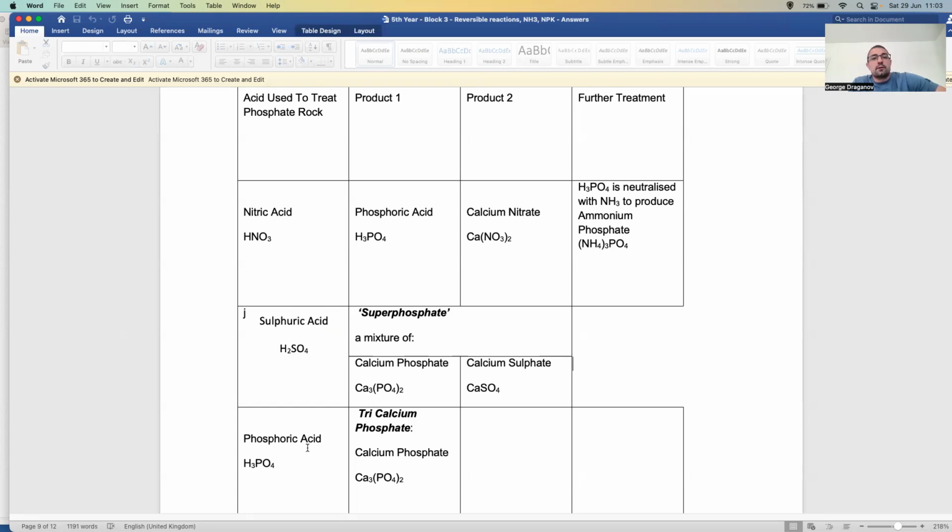And the phosphoric acid with the phosphate rock just makes calcium phosphate, which we sometimes call a tricalcium phosphate. Don't worry about these names in bold. What you need to know is these two products, and this one product. So if anyone asks you what happens if I add phosphoric acid to a phosphate rock, you can just say it forms calcium phosphate.